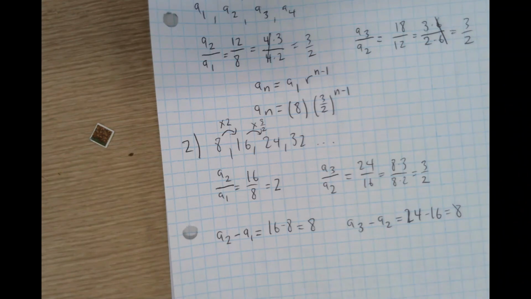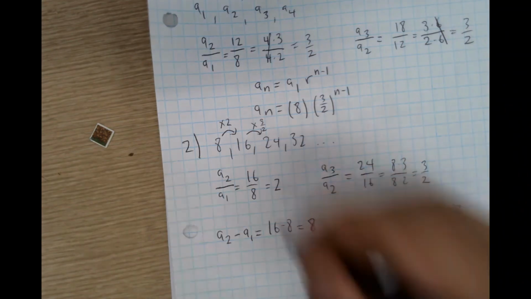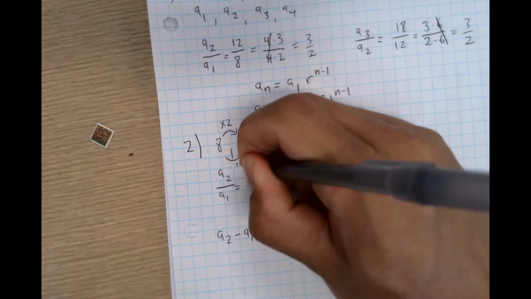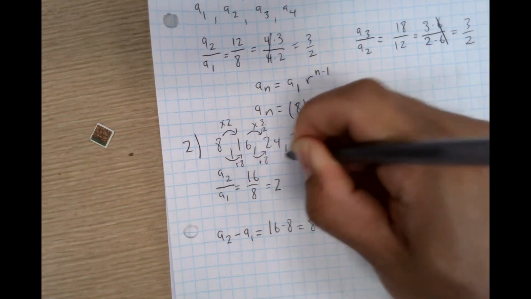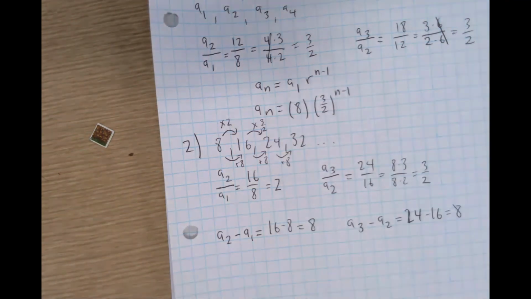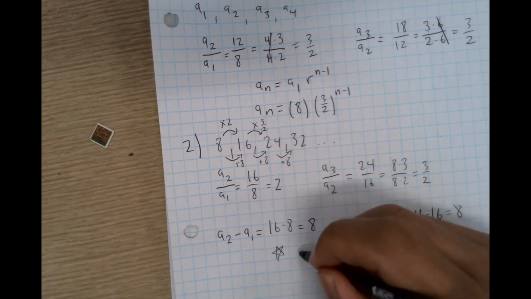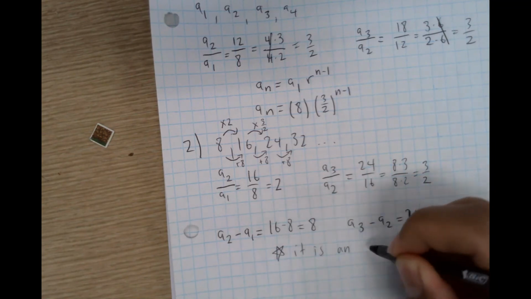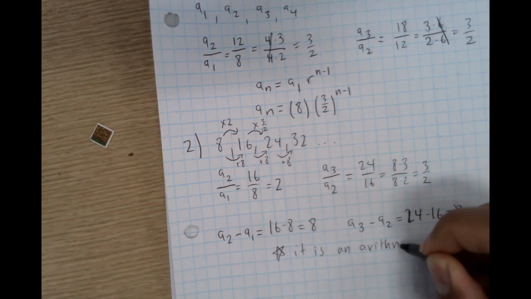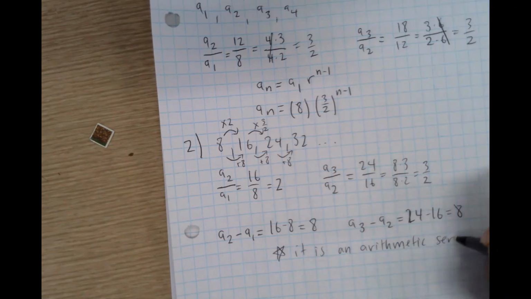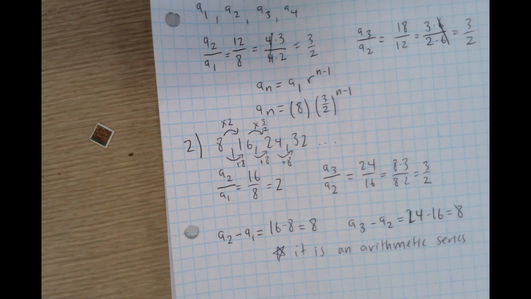So you can see here that you can just add 8 each time, so in this case, we would say it is an arithmetic series. Arithmetic is just a fancy word for saying what they have in common is that you can just add a certain number to each term. You just add 8 every single time to get to the next term.